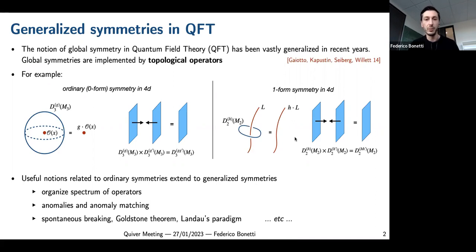So for instance, we can organize the spectrum of operators, crucially both local and extended. There are anomalies. We can do anomaly matching. There is a notion of spontaneous breaking. In some instances, there is an analog of Goldstone's theorem. We can try to apply Landau's paradigm in terms of classifying IR phases, in terms of symmetries that are, for instance, broken or unbroken, and many, many other applications.